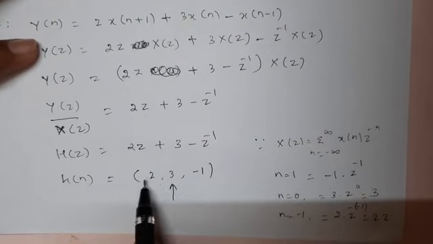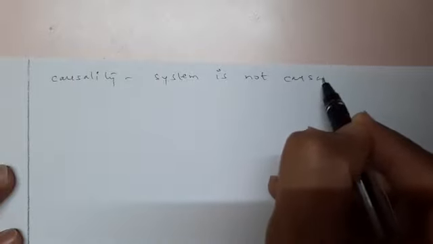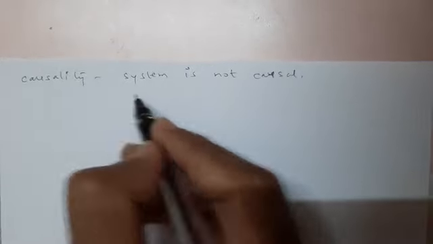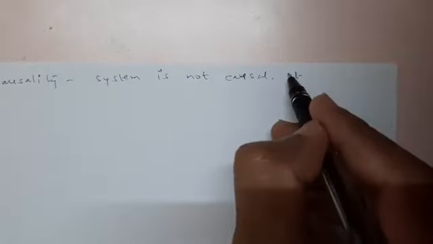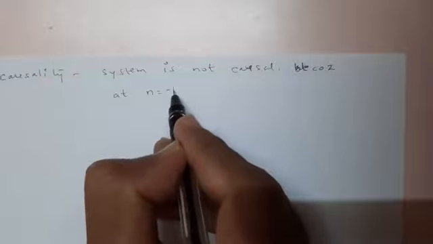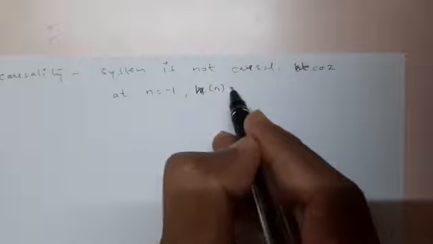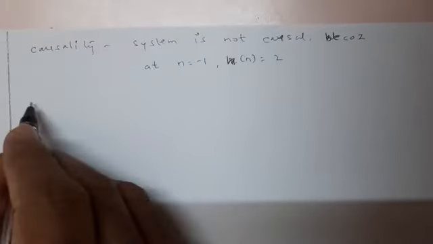But here, for n less than 0, you have a sample at n equal to minus 1, and hence the system is not causal. At n equal to minus 1, h of n is 2.